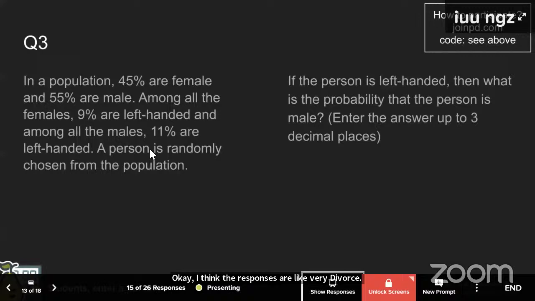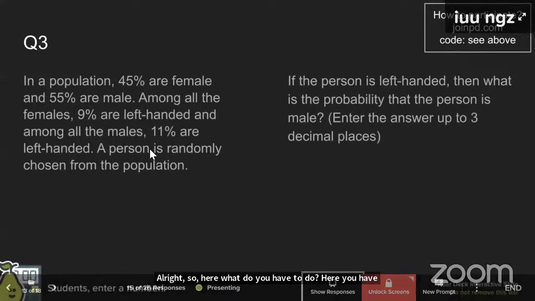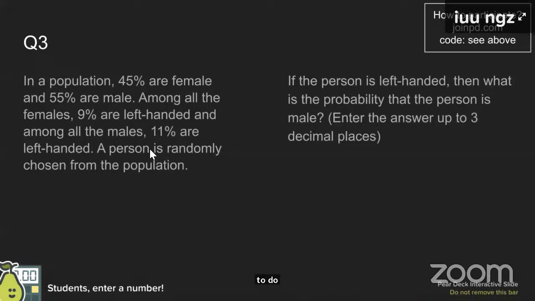All right. So here what you have to do is, if the person is left-handed, then what is the probability that the person is a male? We have already defined all the events in the previous question. We have to find the probability of M given L, right? So this is a conditional probability.